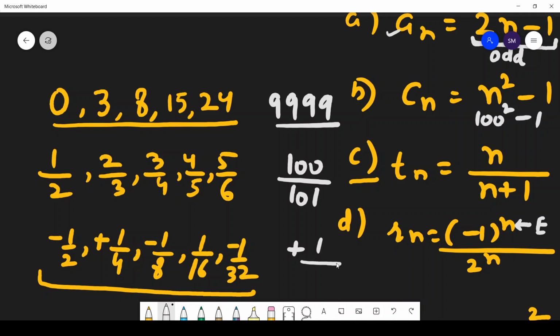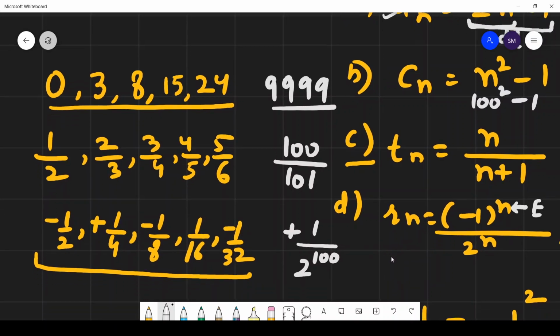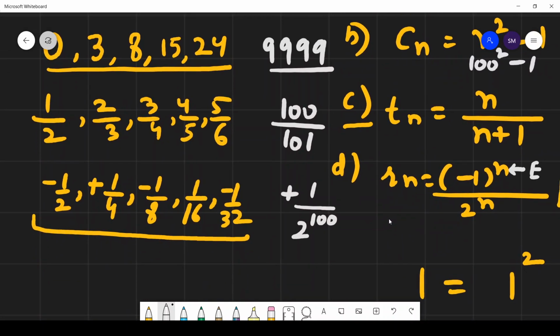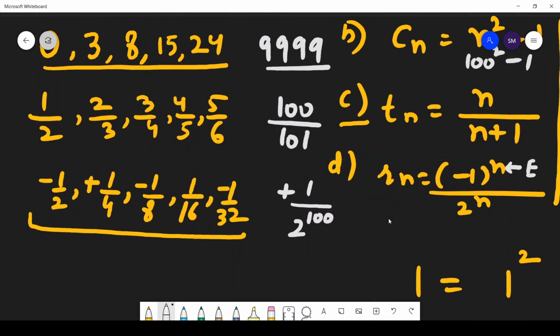Now it's difficult for you to find out, so what you can do? You can simply write 2 raised to power 100. So as simple as that. So that is the correct answer.